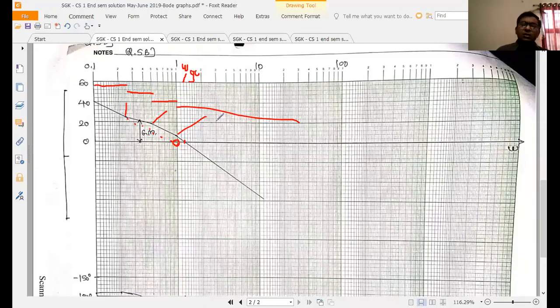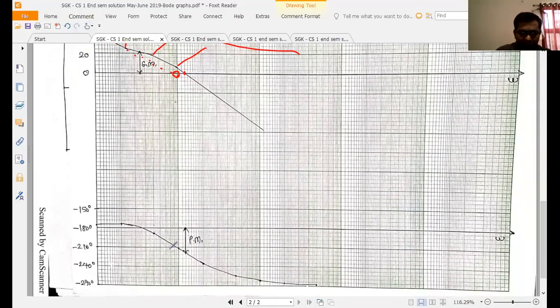Now remember, you may not get exact values as there will be some errors while drawing this graph. There are bound to be some errors. So normally whenever you draw the graphs, the values will be checked in the close vicinity. Anyway, this is omega GC.